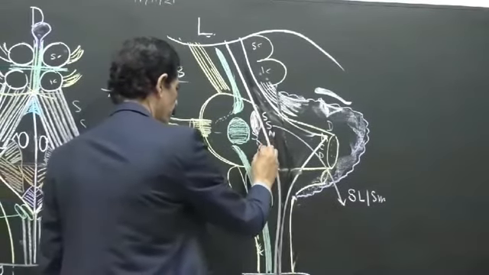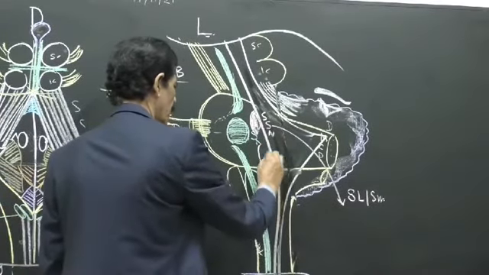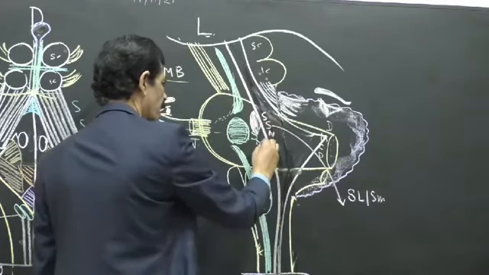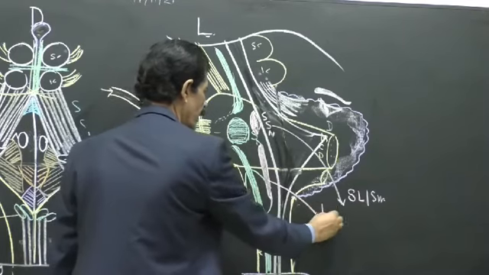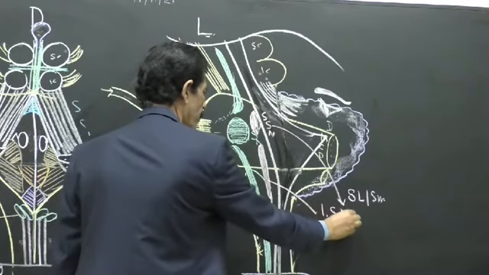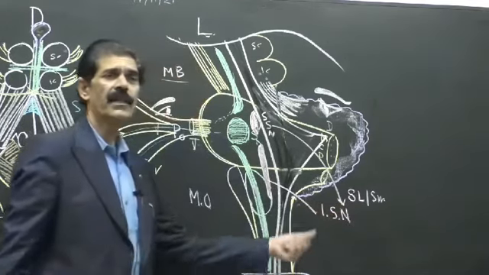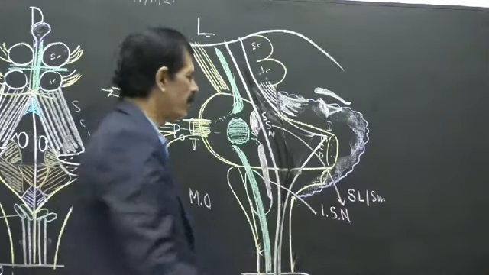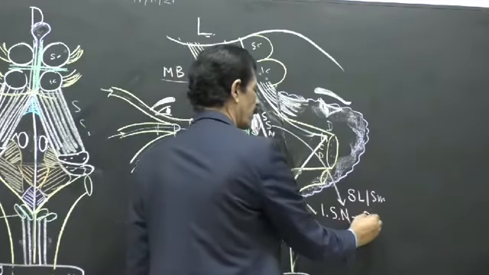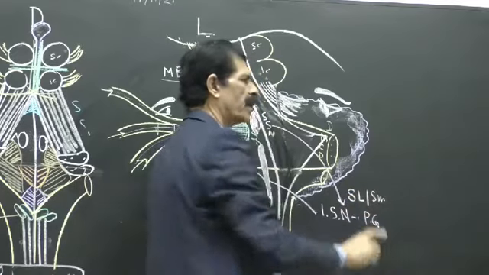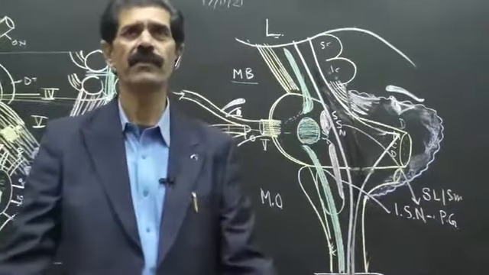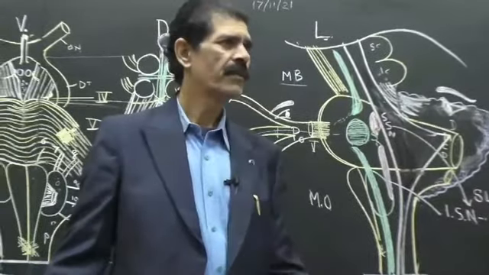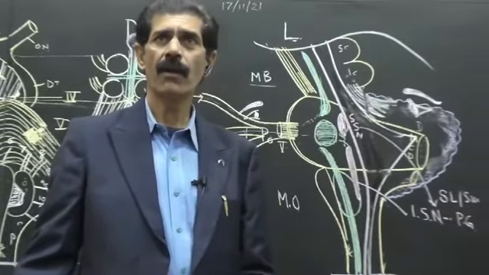Just below, in the lower pons and the upper medulla, in the same line, deep inside the medulla and pons, is the inferior salivary nucleus. And this inferior salivary nucleus is made for which gland? Parotid gland. How it is connected with the lesser petrosal and how we connected with the otic ganglion, you know all the pathways. So this we have done. They are situated in the medulla part.